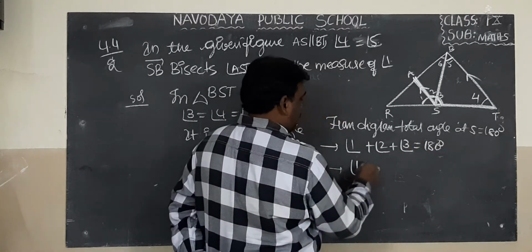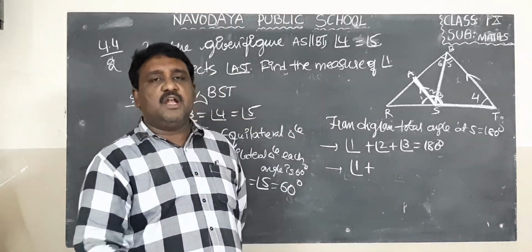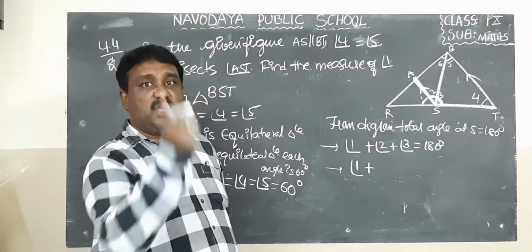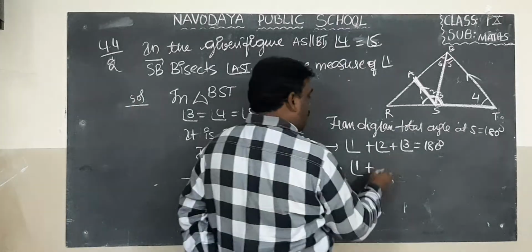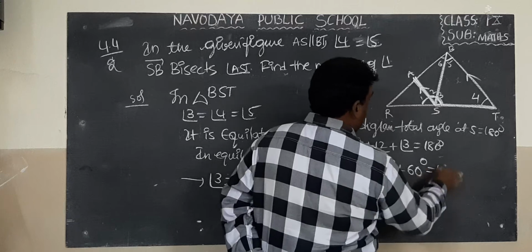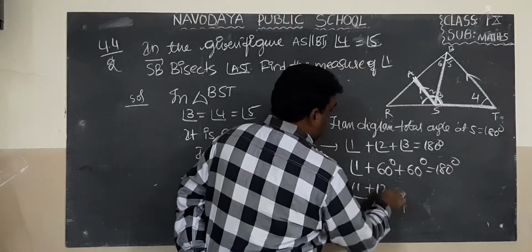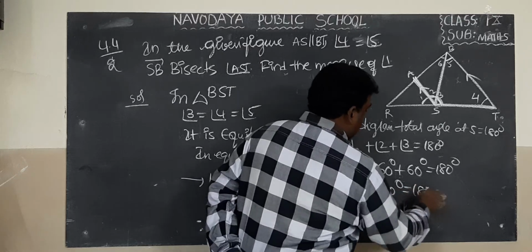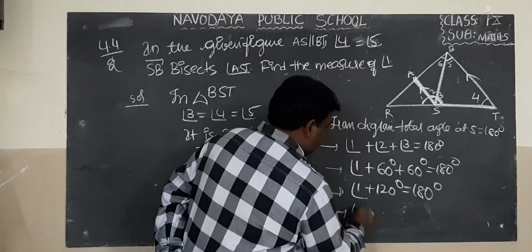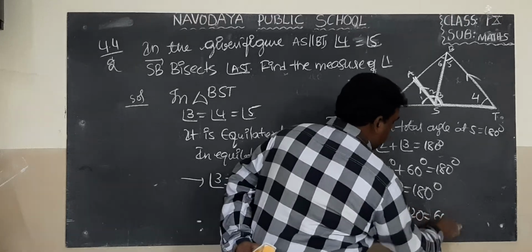Angle 2 and angle 3 are equal according to equation 2. Angle 2 how much? 60. Angle 3 how much? 60. Angle 1 plus 120 equal to 180. Angle 1 equal to 180 minus 120 equal to 60.